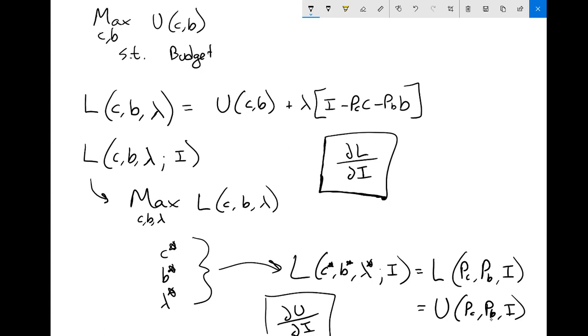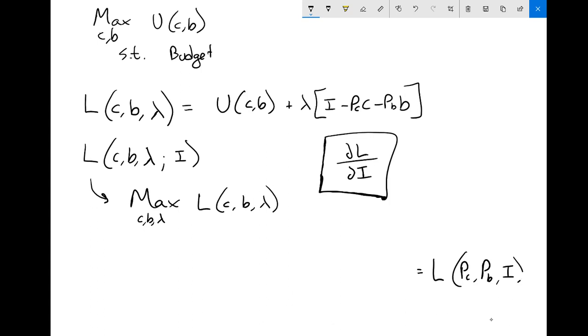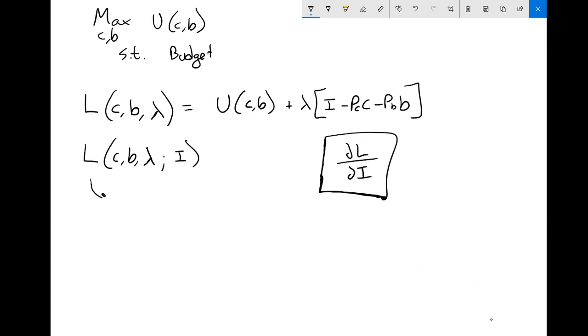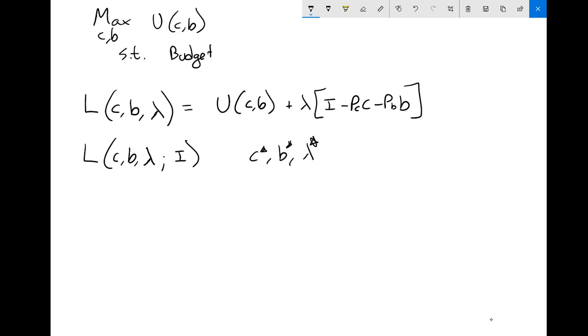But now let me show you a shortcut. Okay, let's show you a shortcut. So let's assume that we've already found C star, B star, and lambda star. So we plug that in, and now we have the Lagrange function at the optimal.